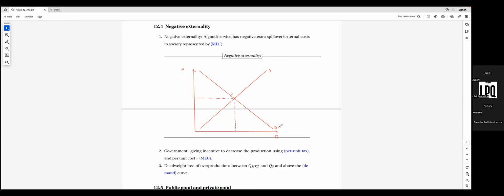Demand is for consumers, right? So as smokers, I think I can get private benefit, some happiness, utility, whatever term we want to use, from the cigarettes I purchase.